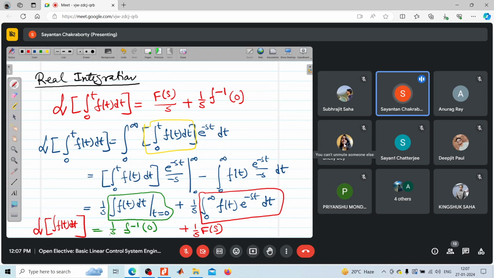So this term is something that you need to consider. What is this term? So the integration in time domain is how it is converted to s domain. If the initial value of the integral is 0, that means if this value is obviously 0, then we'll only have this portion.